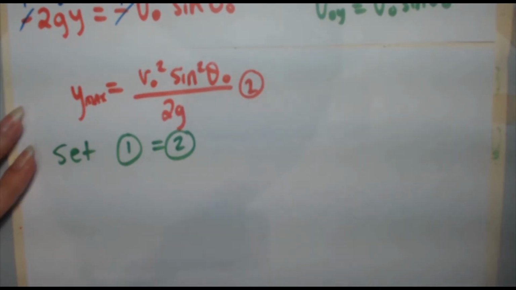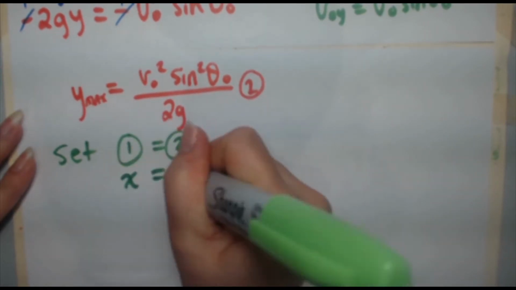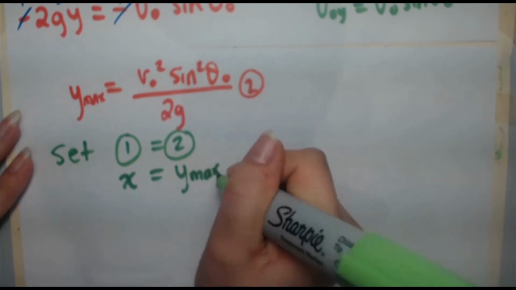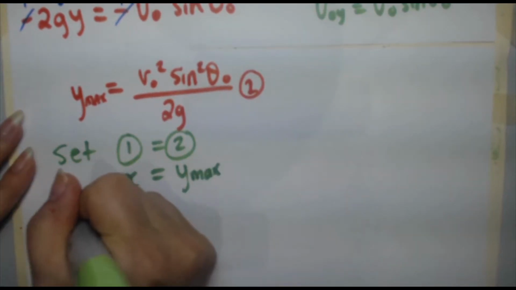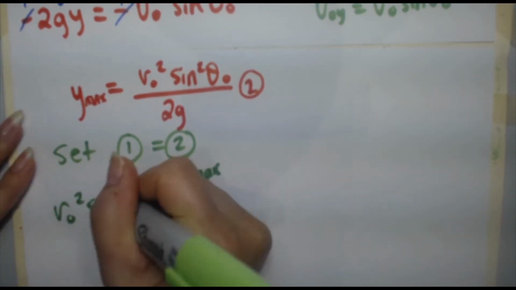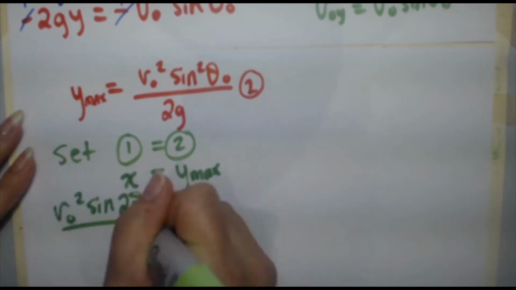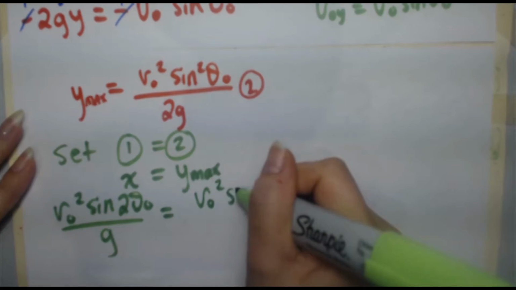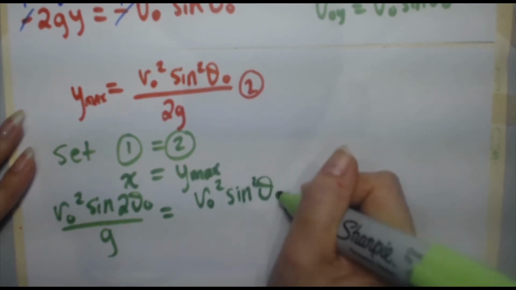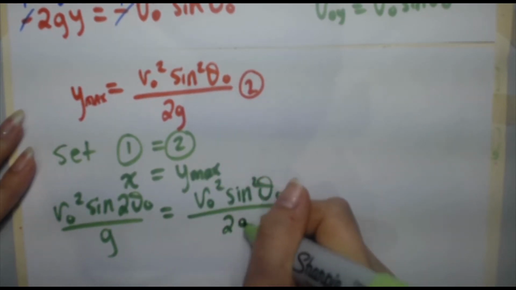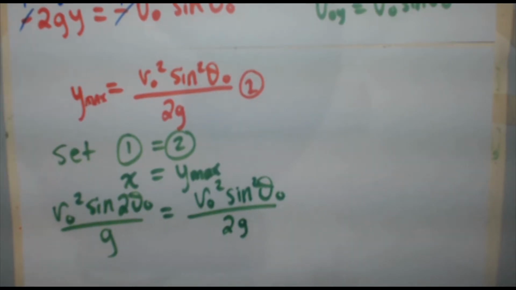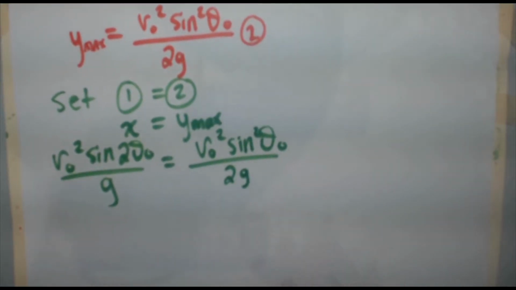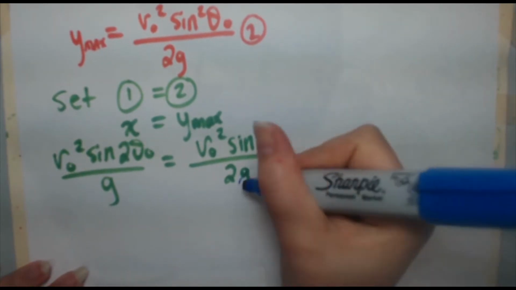When we do that, we're saying that x is equal to y max. So x is V naught squared sine 2 theta naught over g, and we set that equal to V naught squared sine squared theta naught over 2g.